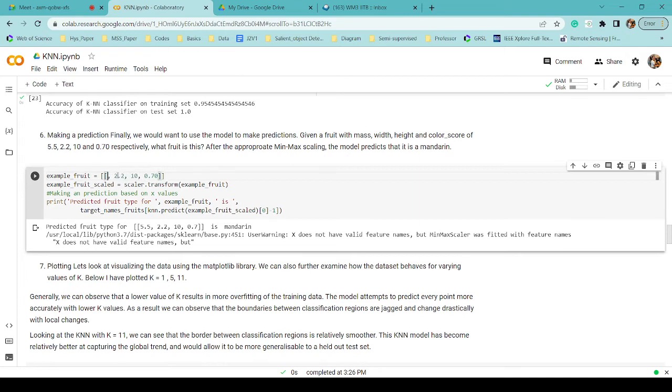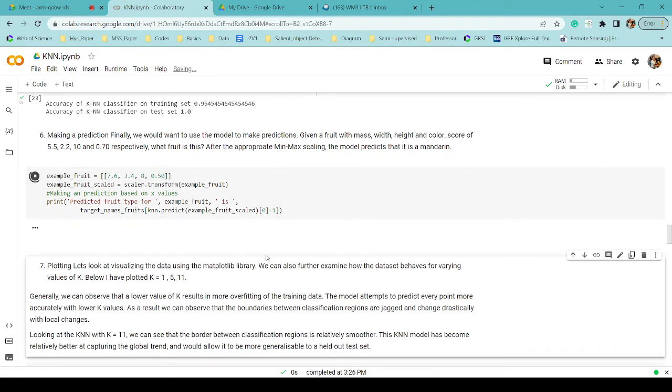Okay, 7.6. Okay, let's do it. 3.4. This 10 was the height, so let's reduce the height. I don't know what it can be. 8. And again, I'll reduce the score. Let's see. We are just checking around, right?